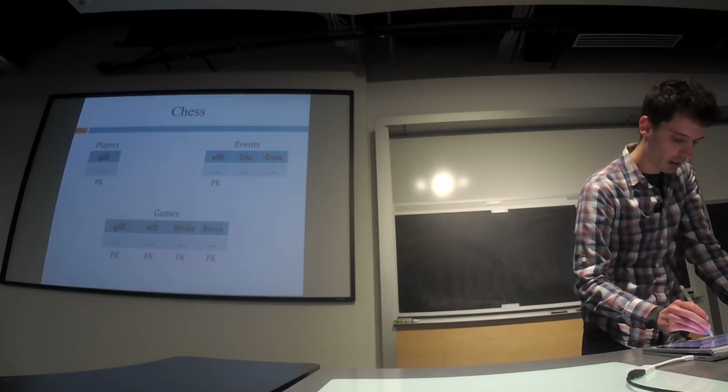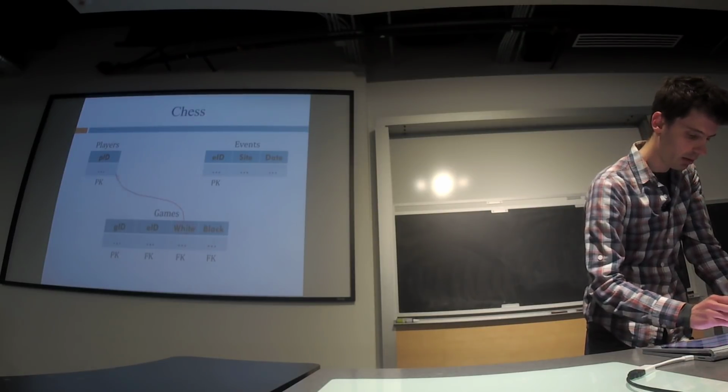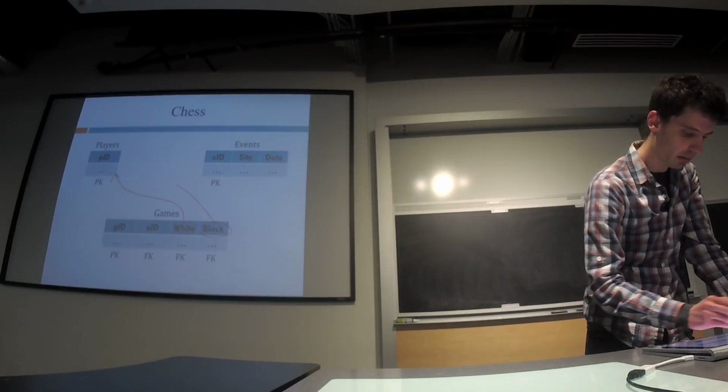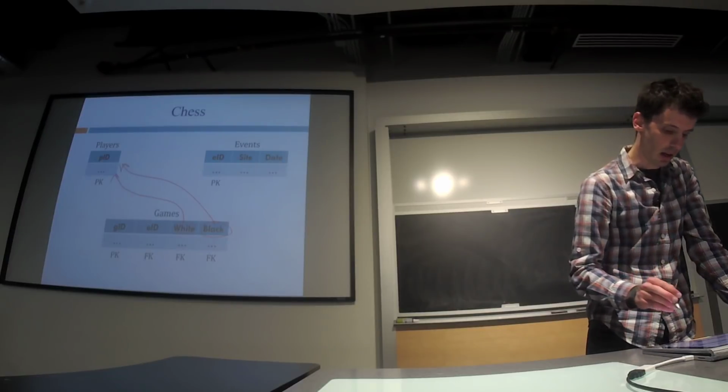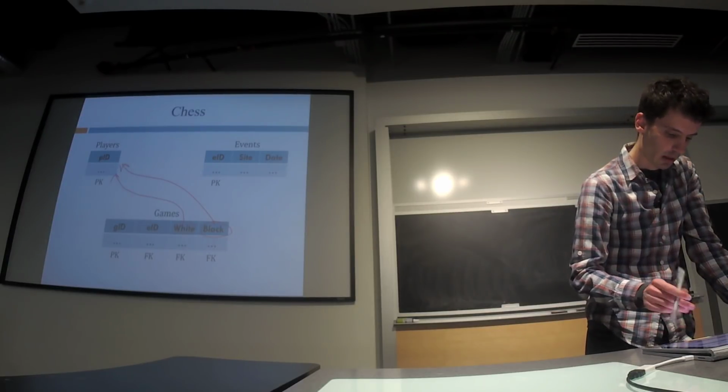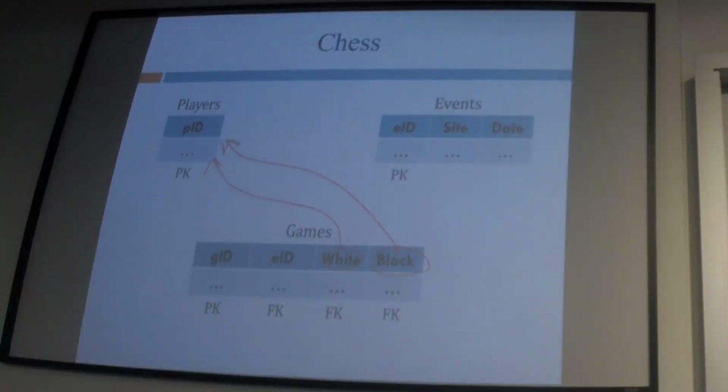White player and black player are both referring to a player's PID. Games have some GID key, but it also has EID, which refers to events as a foreign key. So games has a lot of foreign keys pointing out to other tables.